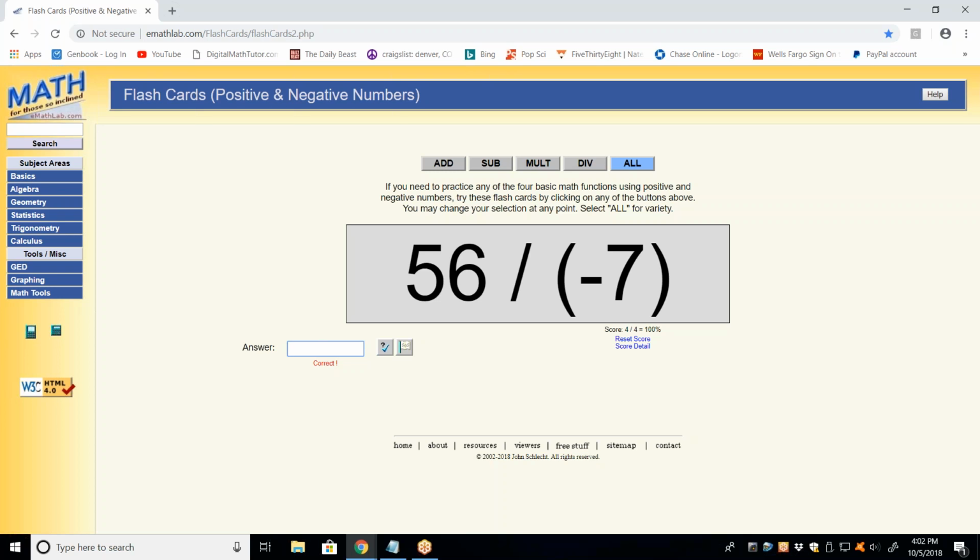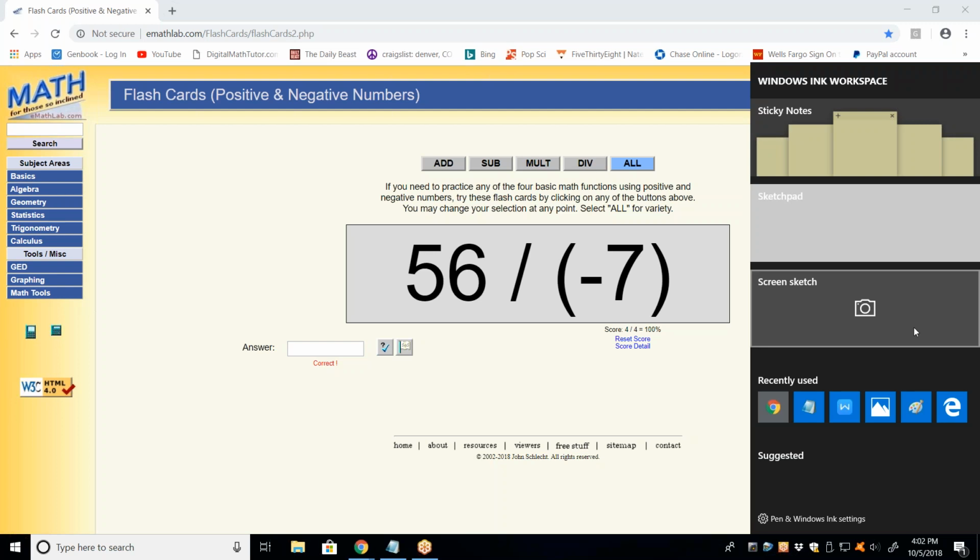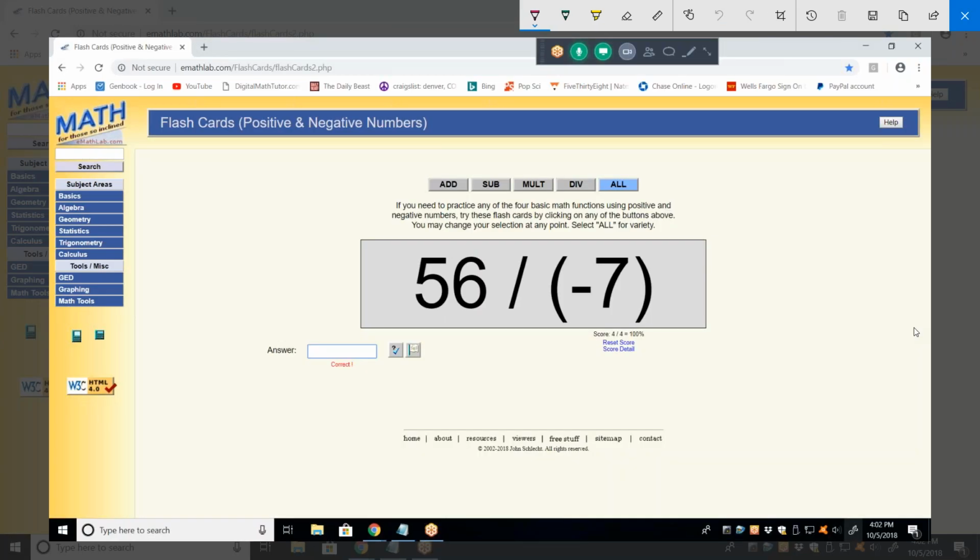Think positive because 56 is bigger than. Okay. You're forgetting a very basic premise here. Plus divided by minus is minus, always. In other words, plus divided by minus equals minus. Minus divided by plus equals minus.